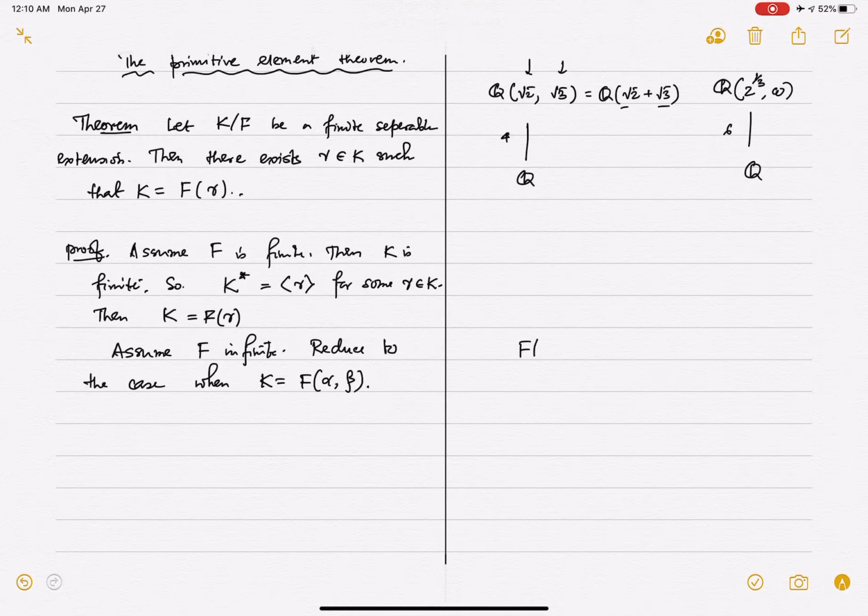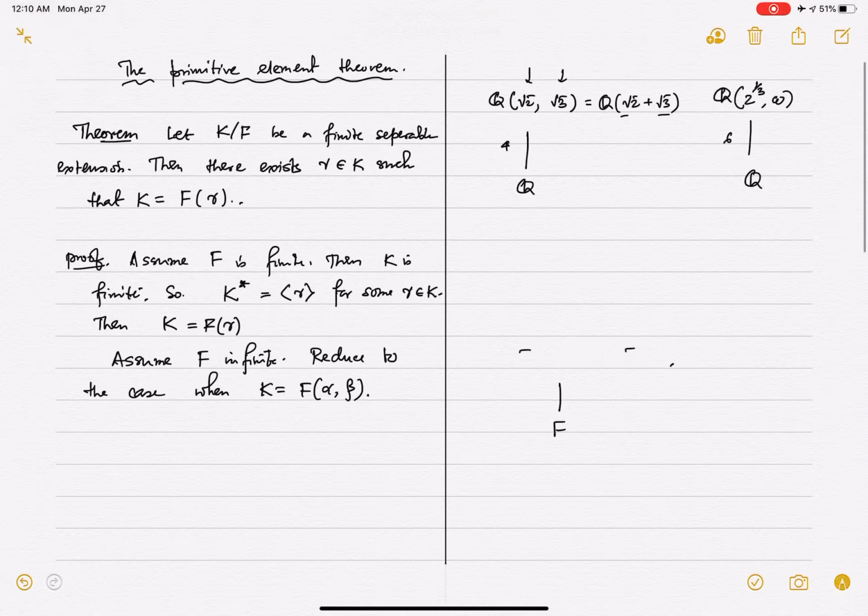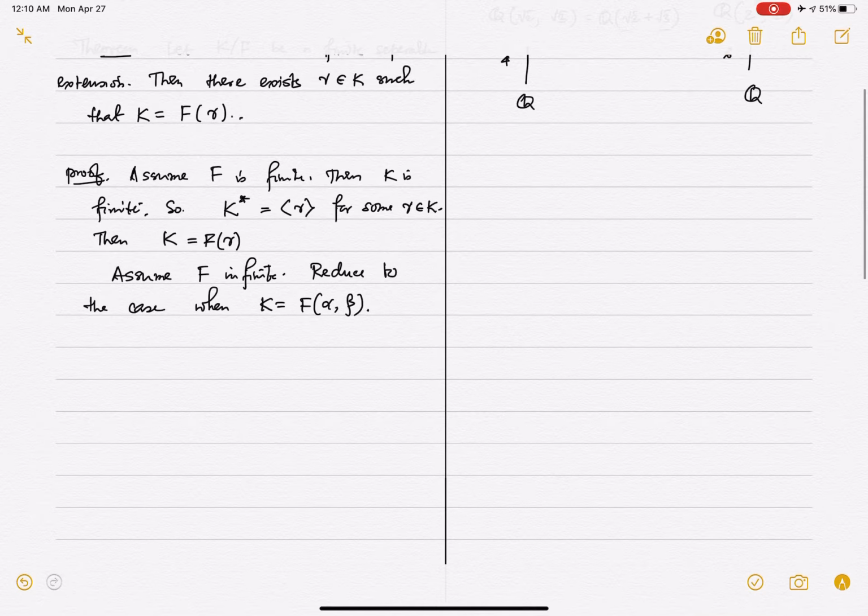So if you can take some extension which is obtained by adding two elements and write it as an extension obtained by adding one element, then a general finite extension would be obtained by adding maybe 5 elements, and you can reduce the number from 5 to 4, 4 to 3, etc. by taking 2 at a time and reducing the number of generators. So I'll just say it's easy to reduce to this case by an induction or something. So really what you have to do is the case when K is generated by 2 elements.